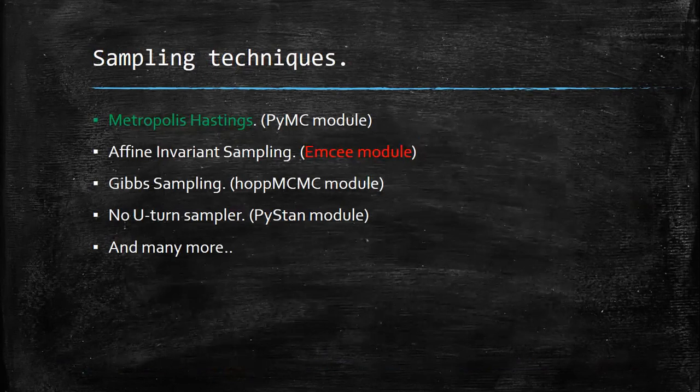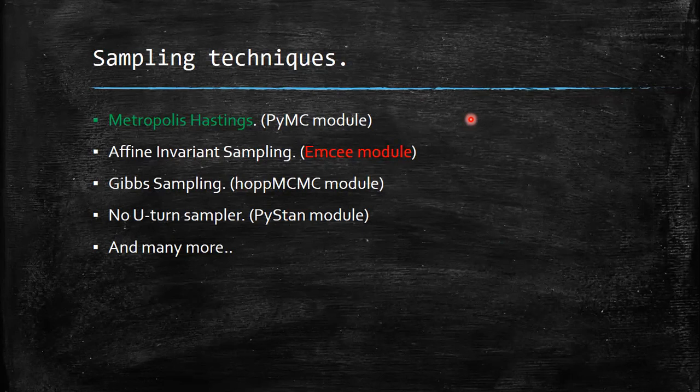I said that to move from one step to the other, we generate a random number between 0 and 1, look at the probabilities and move forward. But that was a naive way of implementing Monte Carlo; there are much more complicated sampling techniques. The first one is Metropolis Hastings sampling, implemented in the PyMC module, and we'll look into it in the next slide.